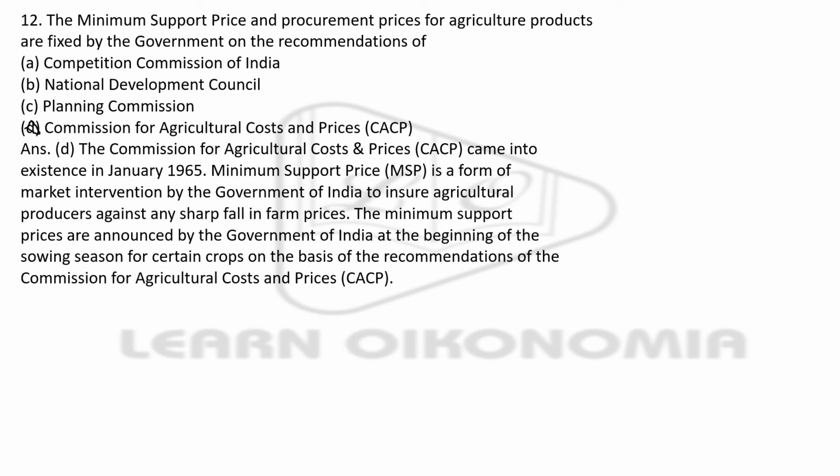Minimum support price is a form of market intervention by the government of India to insure agriculture producers against any sharp fall in farm prices. It is announced by the government at the beginning of the sowing season for certain crops on the basis of the recommendations made by the CACP, the Commission for Agriculture Cost and Prices.